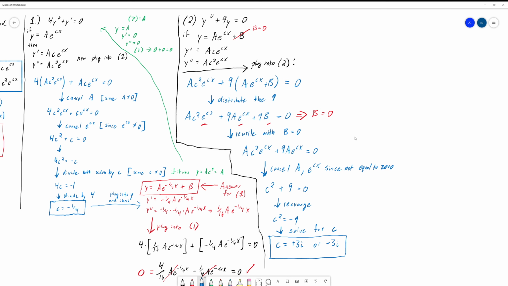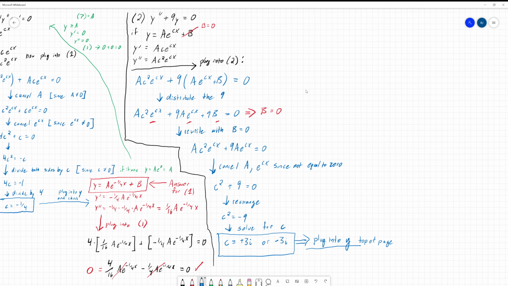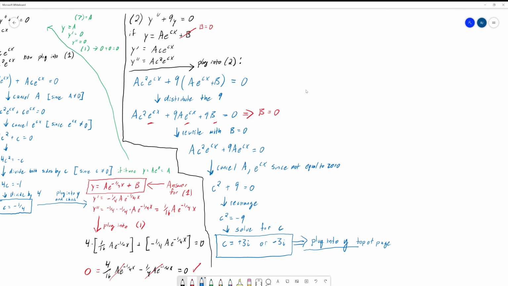And now we're going to plug into y. And something kind of interesting will happen, so let's see what happens when we plug into y. So I'm going to go to the top of the page here.